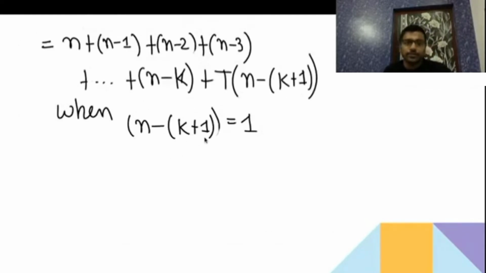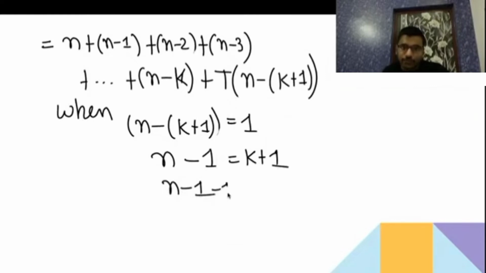For what value of k will it become 1? So n minus k plus 1 equals 1, which gives k equal to n minus 2. For k equal to n minus 2, it will become 1.